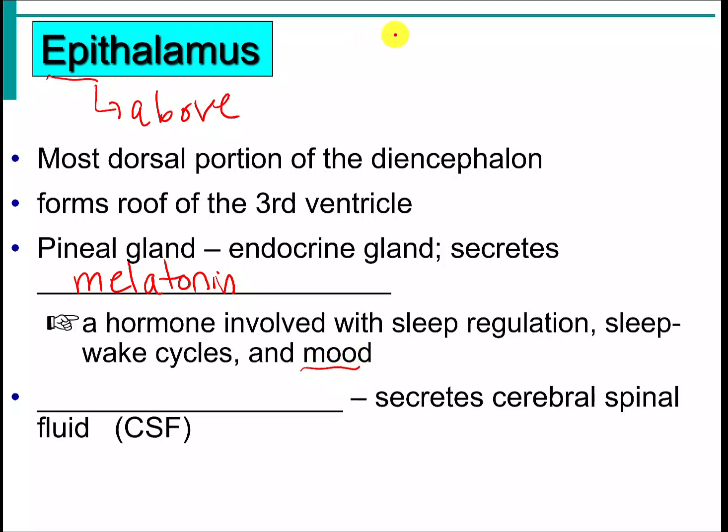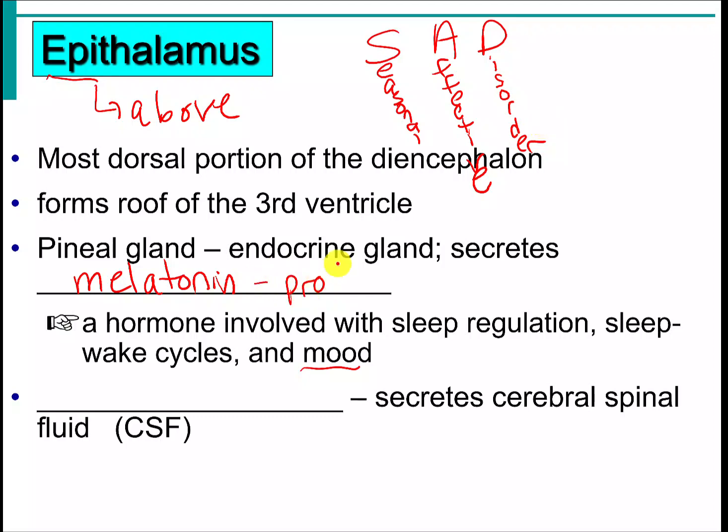You may have heard of something called SAD, which is more common in places like New England, but this stands for seasonal affective disorder. And this is when people get kind of depressed in the winter months. It just so happens that melatonin is produced when it is dark.